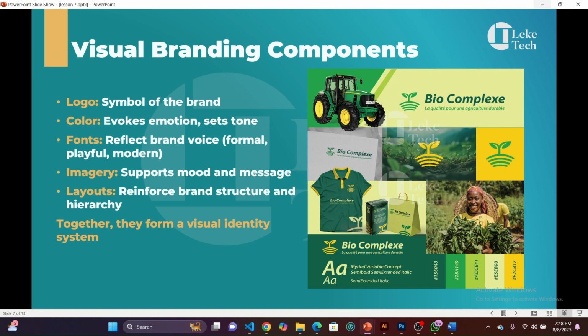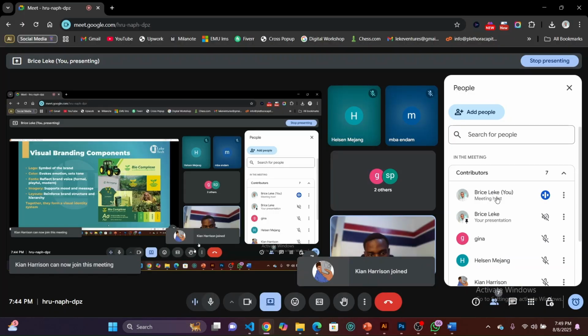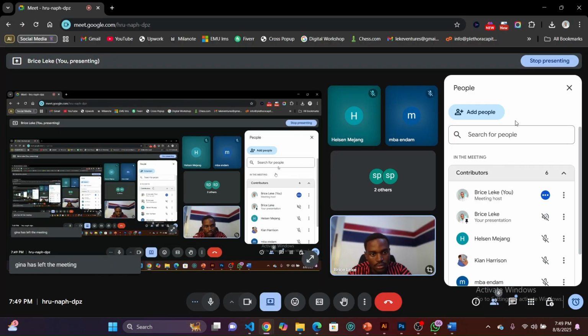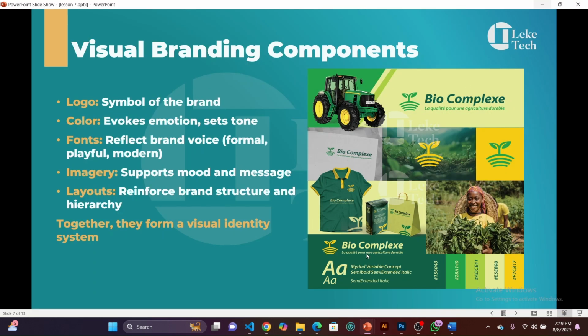So let's just say I design this for the company, and now you are going to be continuing as maybe the in-house graphic designer of the company. I'm handing this document to you. So this document serves as a guideline to you as to what colors you're going to use, which you can see on the bottom left, what typography you're going to use on the bottom right, and you see how these things are going to be printed for the different products.